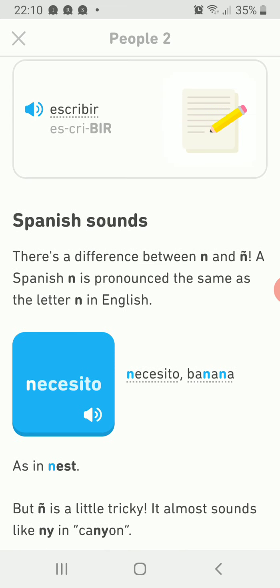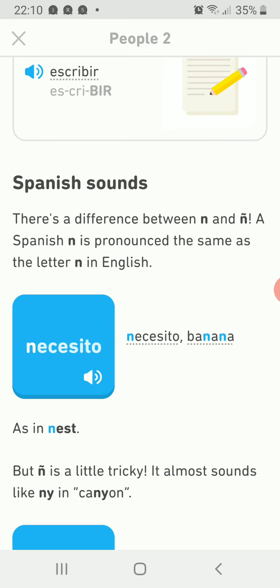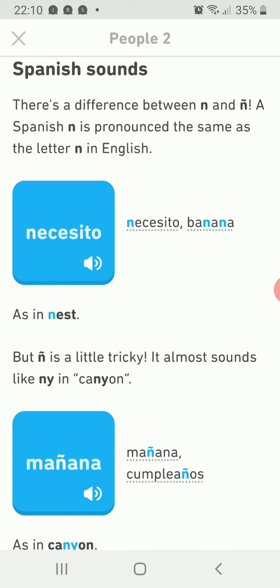Spanish sounds: there's a difference between N and ñ. These are the two letters, the letter N and N with the tilde on top. The Spanish N is pronounced the same as the letter N in English, so necesito, banana, as in nest.